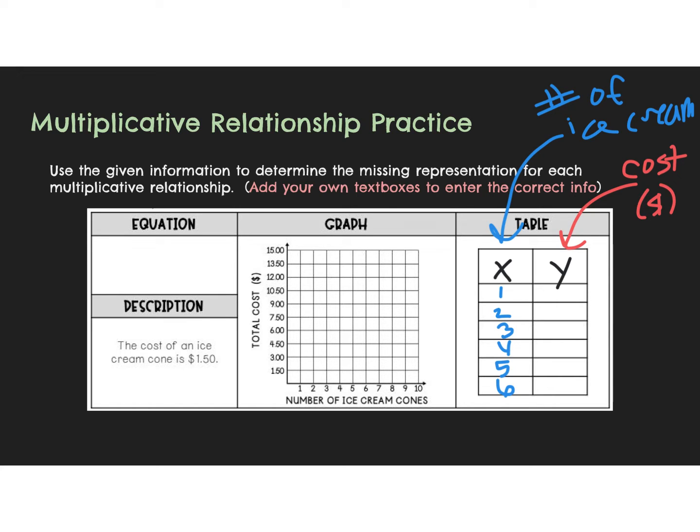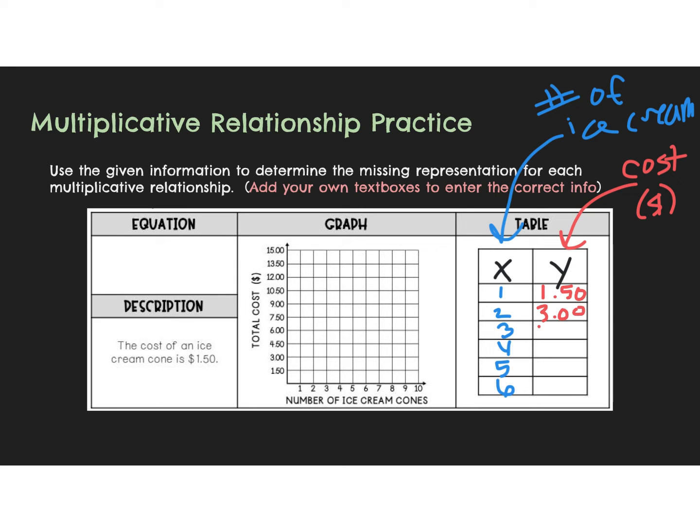Now over here it said the cost of an ice cream cone is $1.50. So that means every time I have an ice cream cone, I have to pay $1.50. If I'm doing one ice cream cone, my Y value is going to be $1.50. If I have 2 ice cream cones, I'm just going to double $1.50.